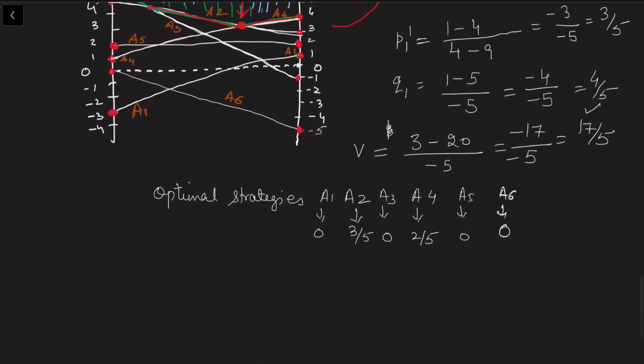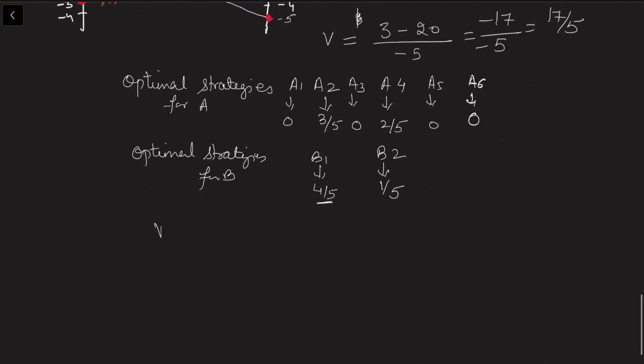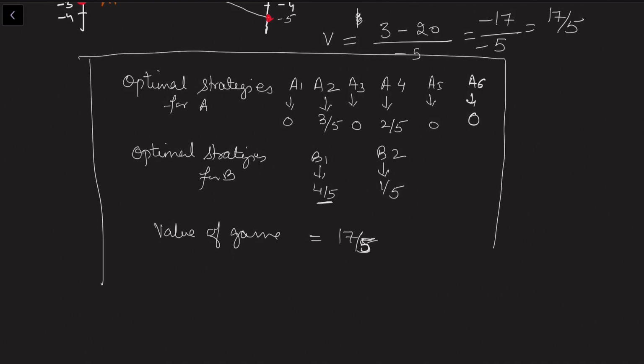The optimal strategies for B are B1, B2 of course, and B1 comes with the probability 4 by 5, B2 automatically comes with the probability 1 by 5, subtracting this from 1. And hence, the value of the game is 17 by 5.